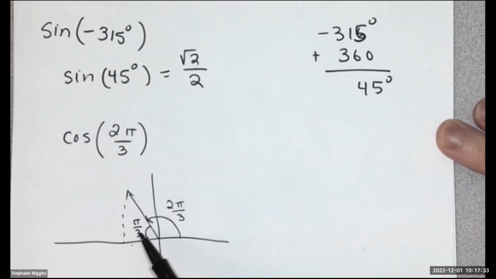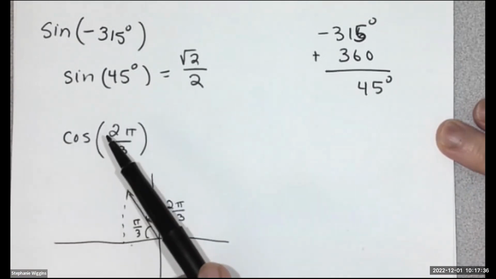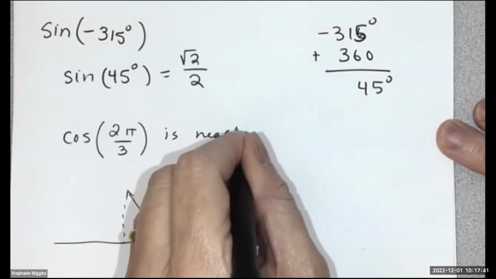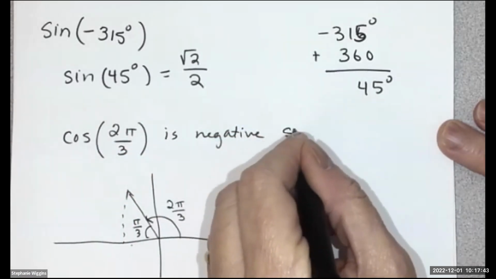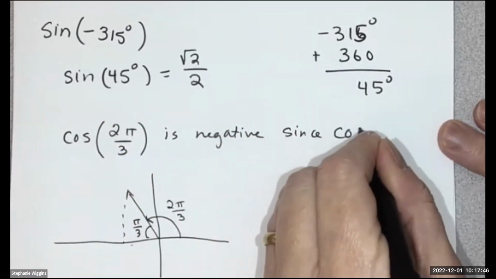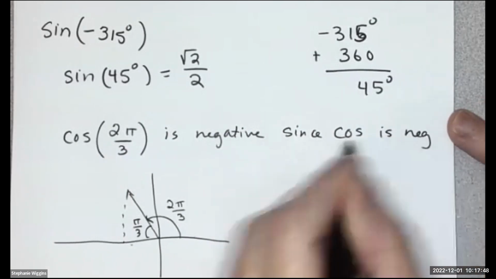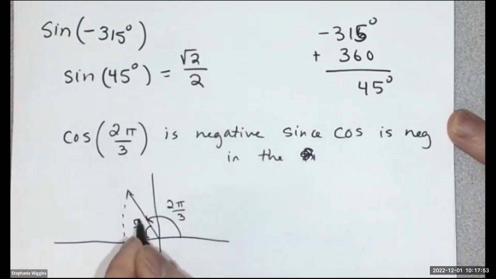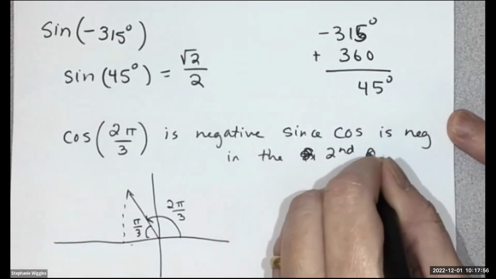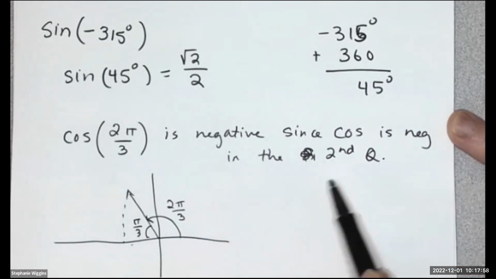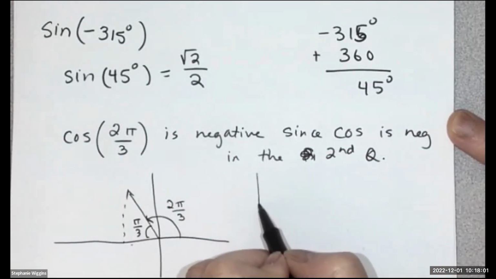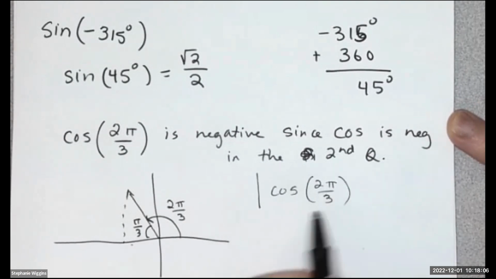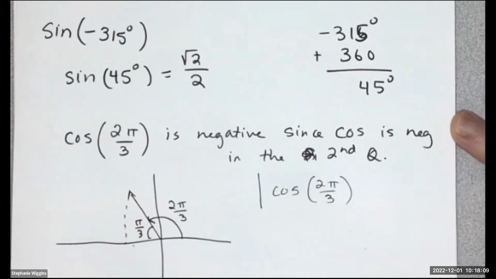This is the reference angle. So cosine of 2 pi over 3 is negative, since cosine is negative in the second quadrant, and we're in the second quadrant. So we know it's negative, and the actual value, we can use our reference angle, cosine of pi over 3.